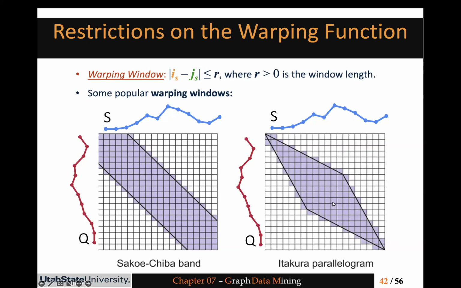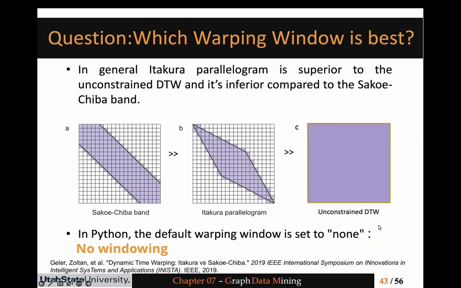So we don't want exactly the diagonal. We want some kind of flexibility, something which moves monotonically in a positive trend, but also not far away from the diagonal.